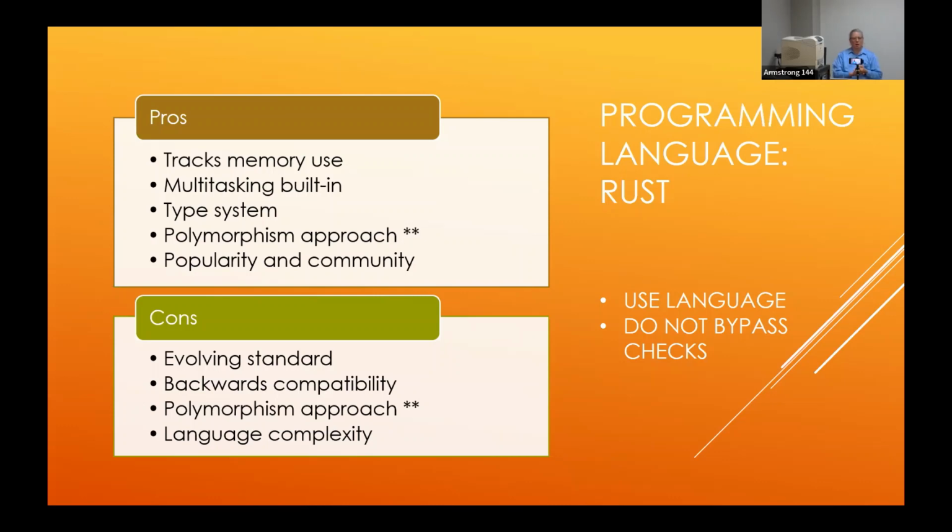It's doing memory checking. The idea being that in Rust, you can use pointers, but with the pointer, only one person or one variable within the entire program should be pointing at the data in a fashion that you can actually make changes to it.